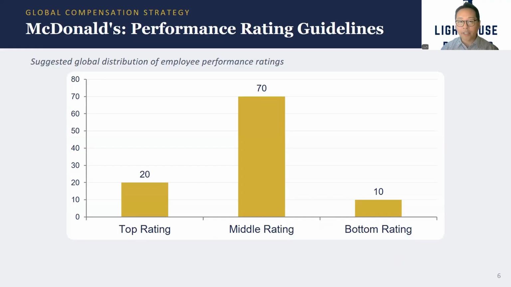By offering guidelines rather than a strict forced ranking system, McDonald's hopes to encourage real differentiation in performance evaluation, while still allowing some local flexibility for each country's own culture and workforce. This is a good example of a balance every global company must strike between having one consistent worldwide standard and respecting real local differences.